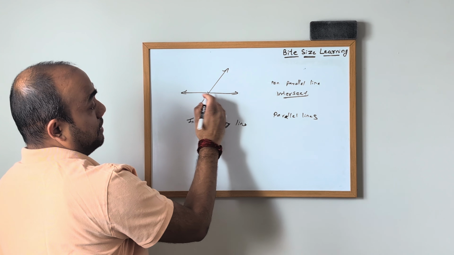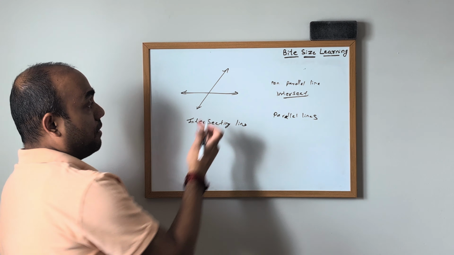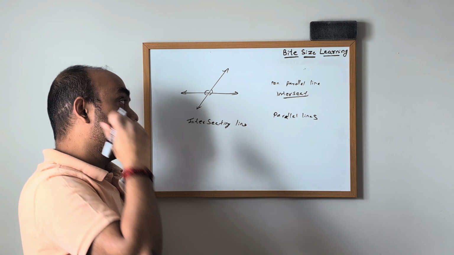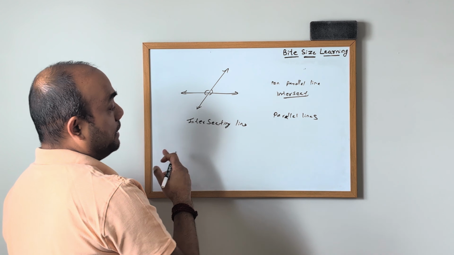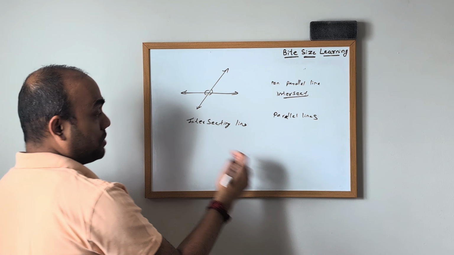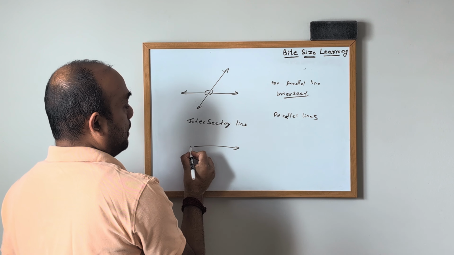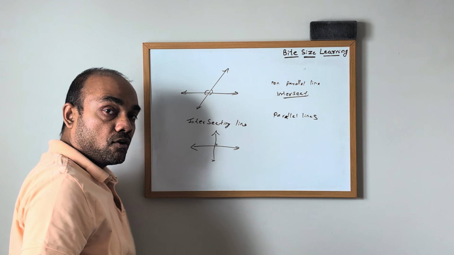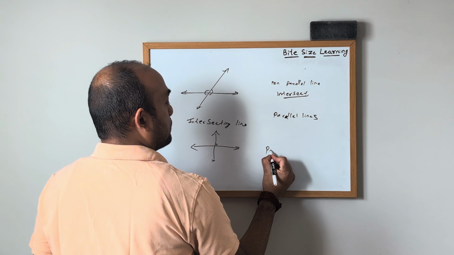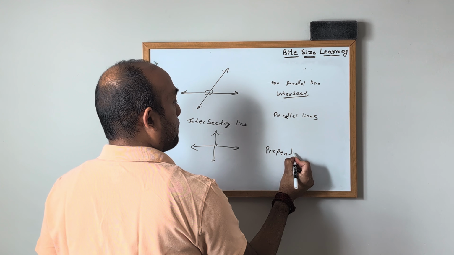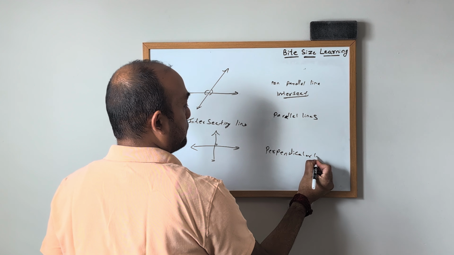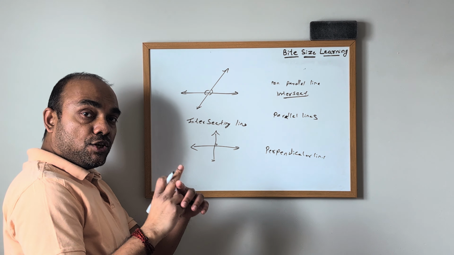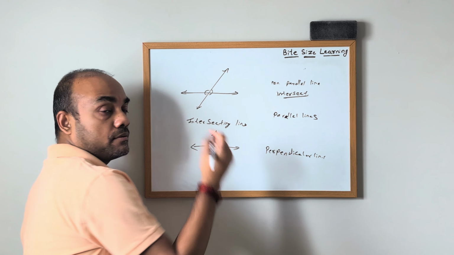Now if these lines are intersecting at a different angle, there will be four angles formed between these lines, right? Now if these lines are intersecting straight to each other, one horizontal, one vertical, like this, and forming 90 degrees, these lines are called perpendicular lines, meaning these lines are intersecting each other at 90 degrees, right?